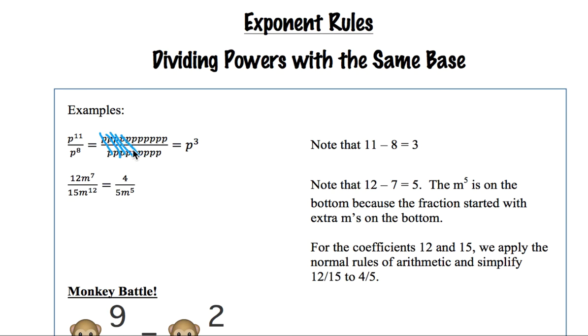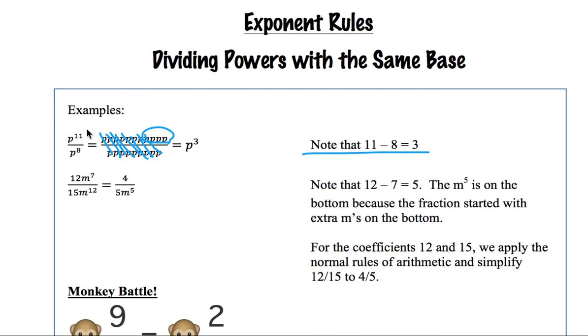So it's not going to look very clean, but basically these 8 p's on the bottom are going to cancel out 8 of the p's on the top, and we're left with 3 p's on the top, or p to the third power. Note that 11 minus 8 is 3. So when you're dividing powers with the same base, you can subtract the exponents.